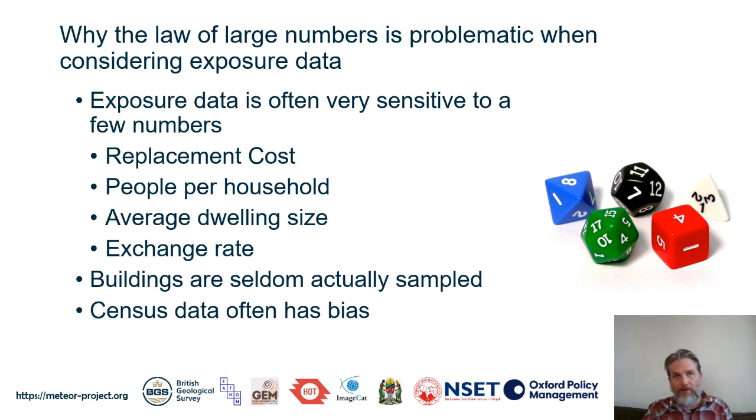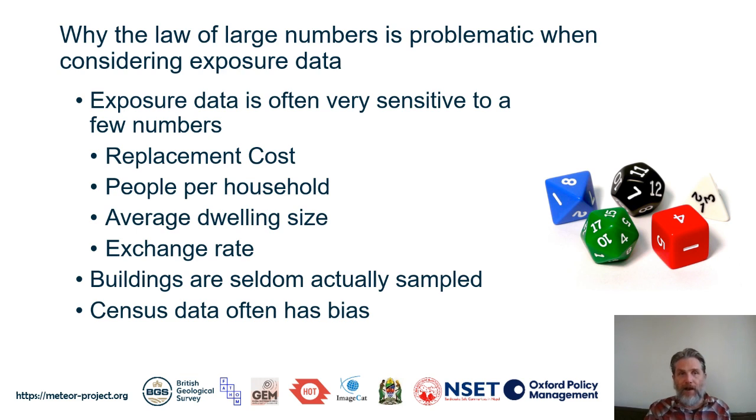Some of the ones right off the bat, I've talked about several times already. Results are very sensitive to replacement cost. People per household, average dwelling size, and exchange rates can really be one. Obviously, we didn't run into that in Los Angeles, but we've run into that in Africa before. And buildings are seldom actually sampled to get these results, and that can make a big difference.